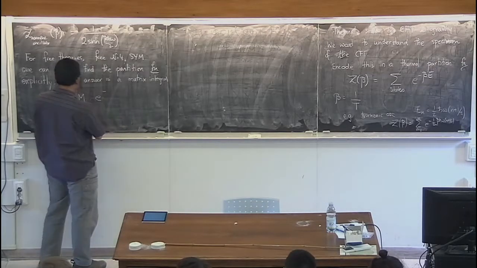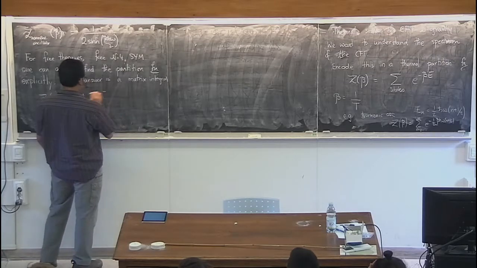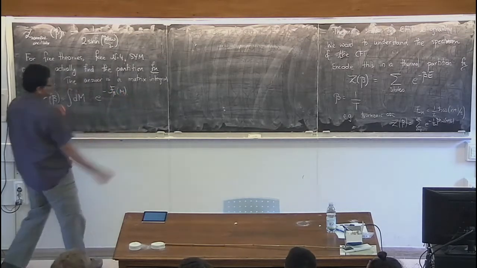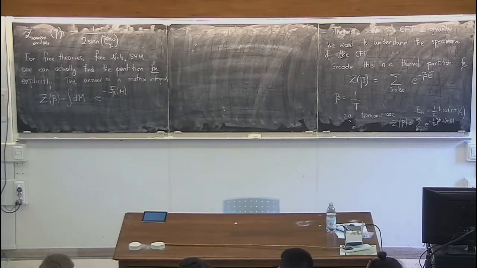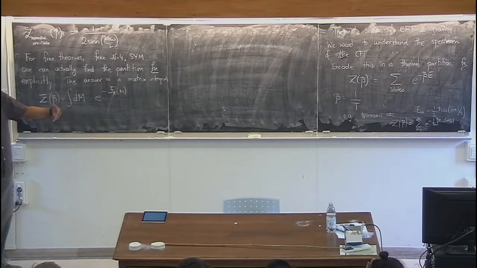You can call it a path integral over matrices, but it's the same thing. Some function of, let me call this f_beta of m. So there's some simple answer you can work out. In this case it's a free theory, so you can actually do the path integral.